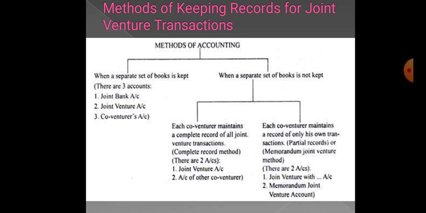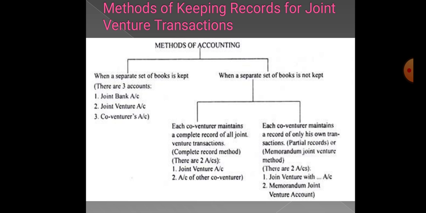The next method is recording joint venture transactions in the books of each co-venturer, that is, when a separate set of books is not kept. In this second method we have two types of recording the transactions.